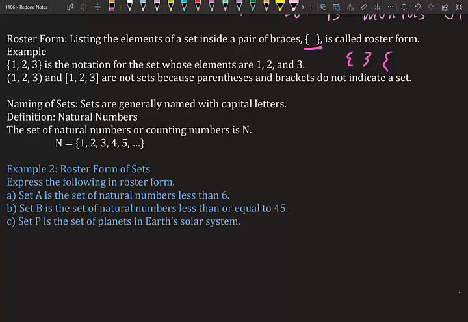Definition, natural numbers. Natural numbers are also called counting numbers, and we would say N equals 1, 2, 3, 4, 5, 6, 7, 8 forever, because with natural numbers, we can keep counting until we die. Natural numbers are called counting numbers because when we count things, we don't go -1, 0, 1, 2.